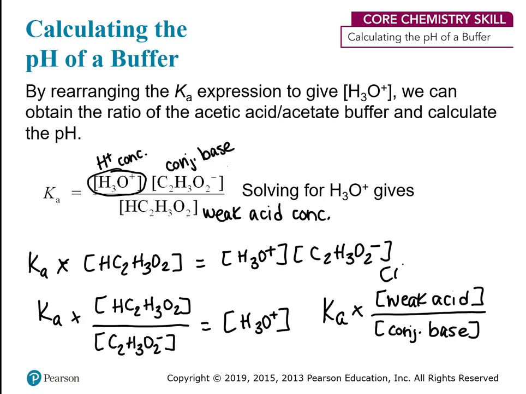And again, that's equal to your hydrogen concentration. Remember that pH is equal to the negative log of your hydronium concentration. So if you can solve for hydronium using the acid dissociation expression, then you can solve for your pH.